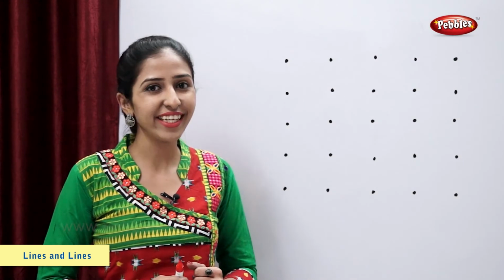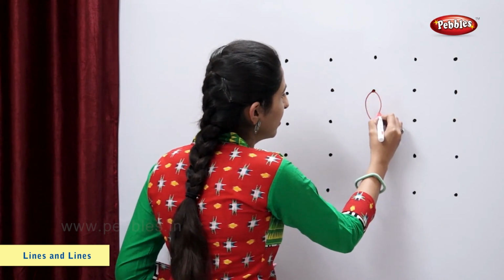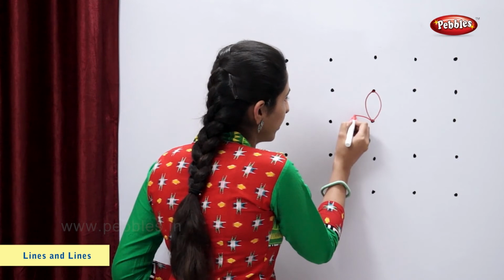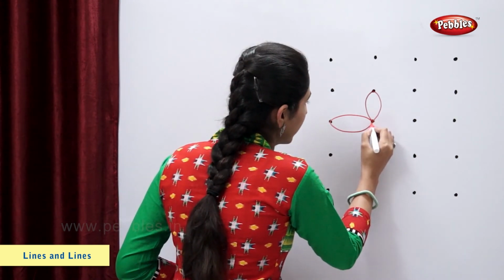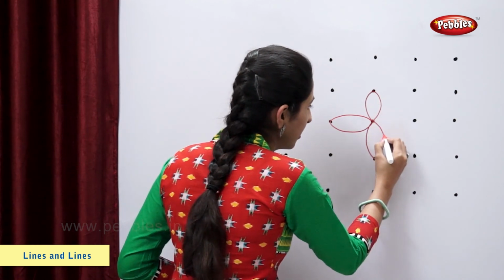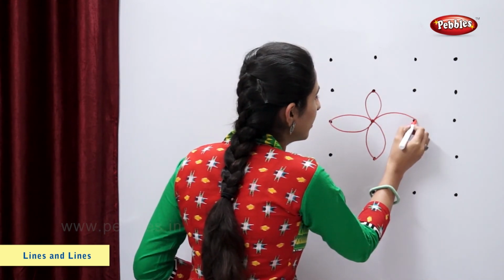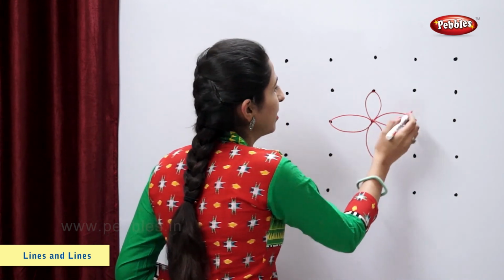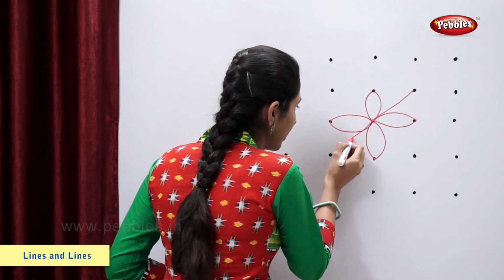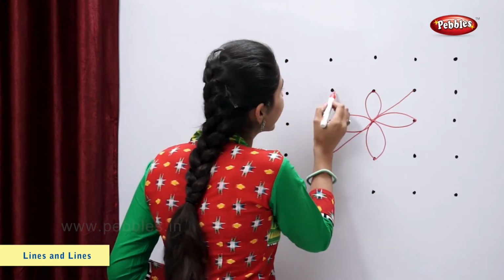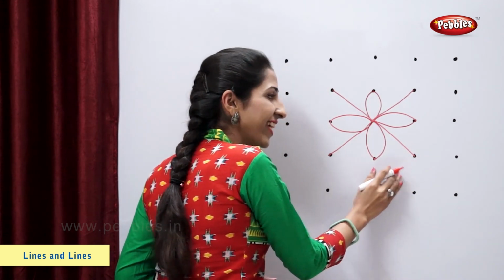Let's draw a design for Rangoli. A curve, another curve, curve, one more curve, curve, one more curve, curve, another curve, a slanting line, one more slanting line, slanting line, another slanting line.